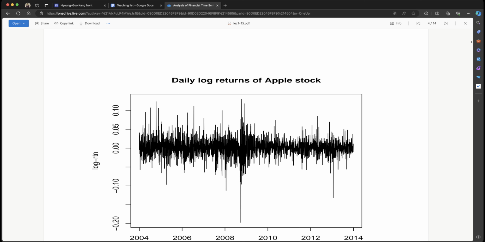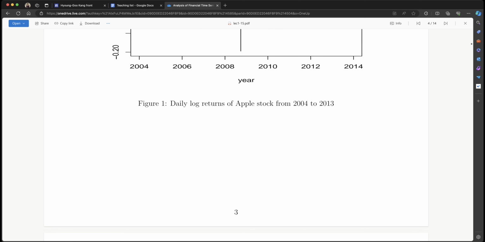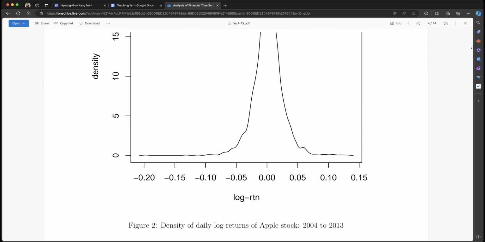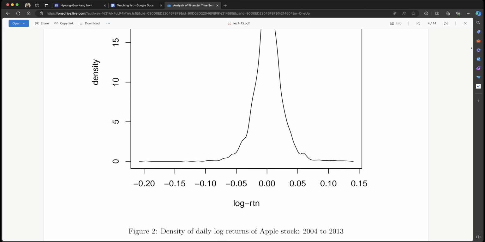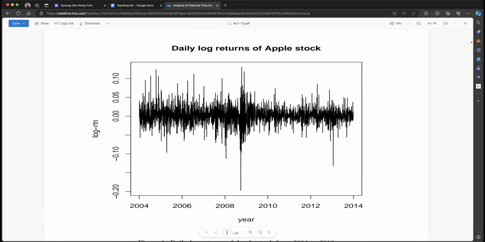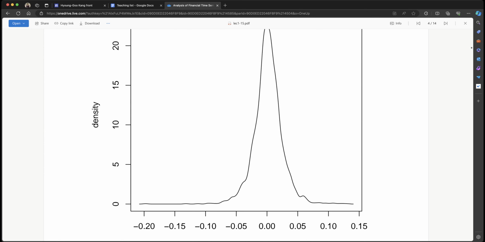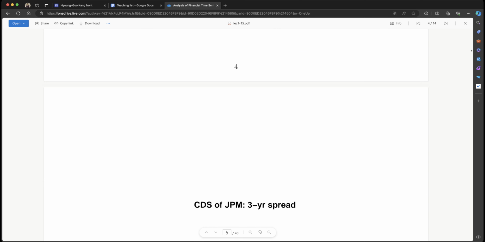This is the typical daily log return of Apple stock, and then this is the density of the daily log return. So basically, each movement is one observation, and from these we can generate a density histogram. First we generate a histogram and then normalize it, then it becomes a density like this.